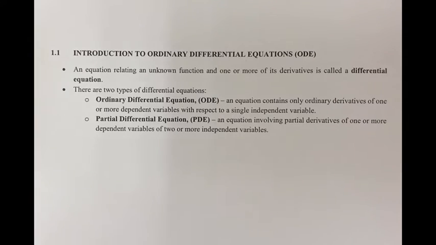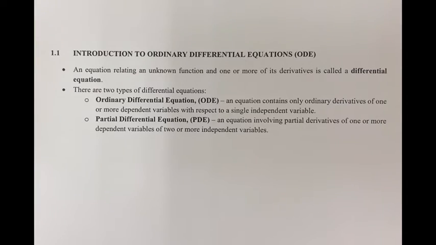Okay, so what is differential equation? It is an equation relating an unknown function and one or more of its derivative. And then we have two types of differential equations, which are ODE, ordinary differential equations, and PDE, partial differential equations.